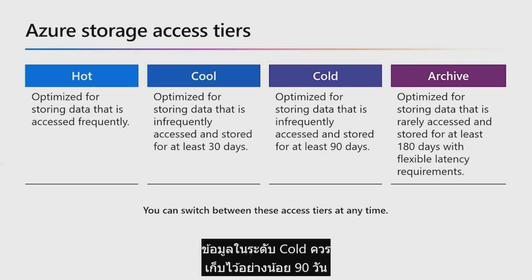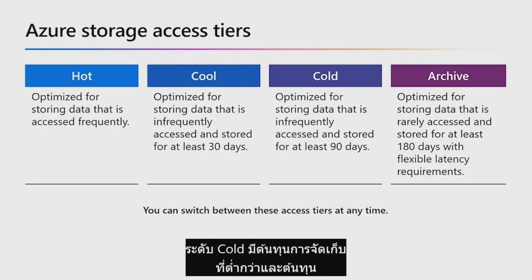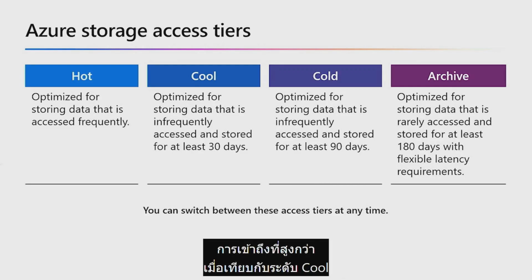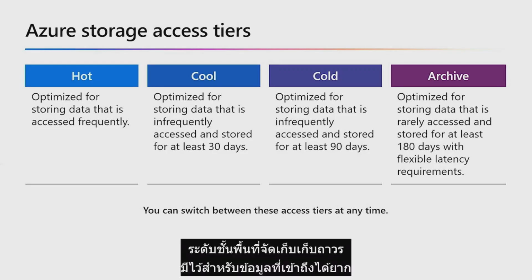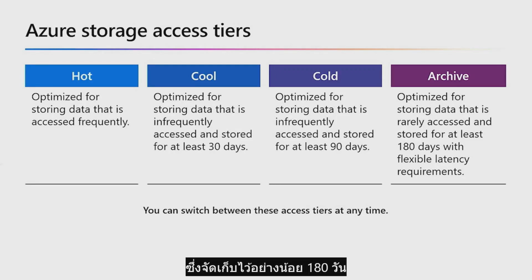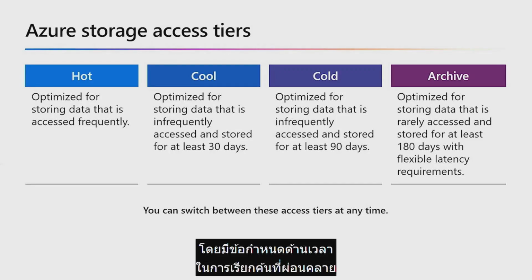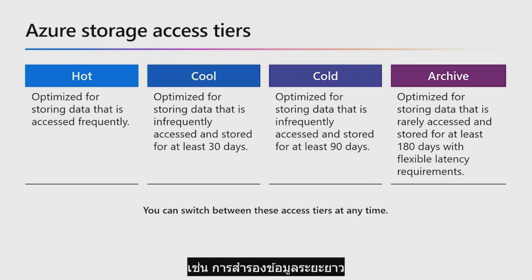Data in the cold tier should be stored for a minimum of 90 days. The cold tier has lower storage cost and higher access cost comparing to the cool tier. The archive storage tier is intended for rare access data stored for at least 180 days, with relaxed retrieval time requirements, such as long-term backups.